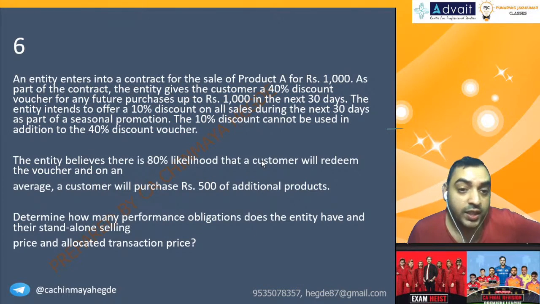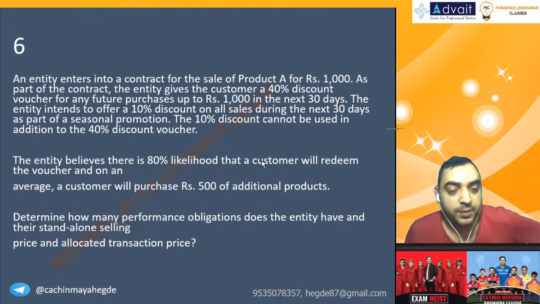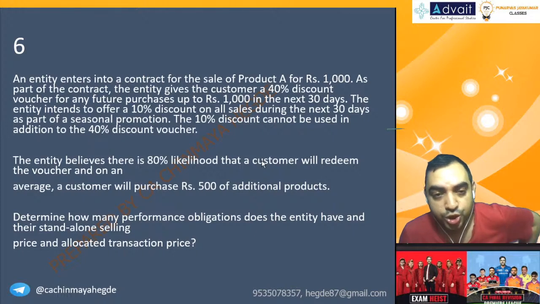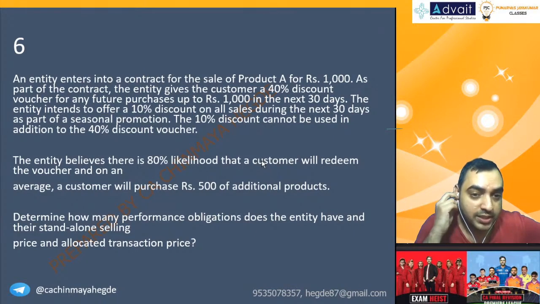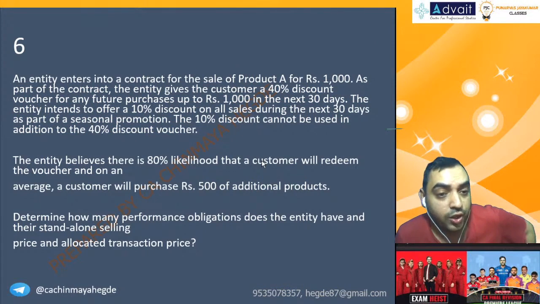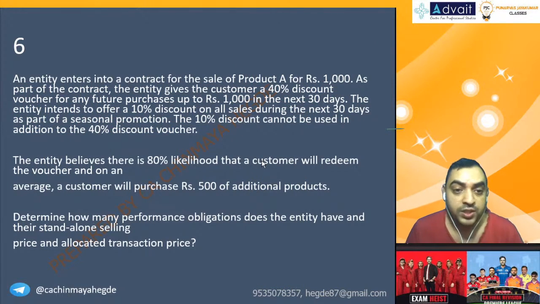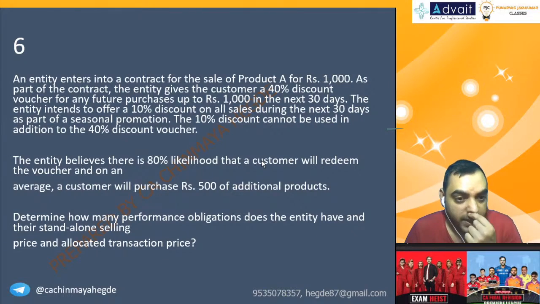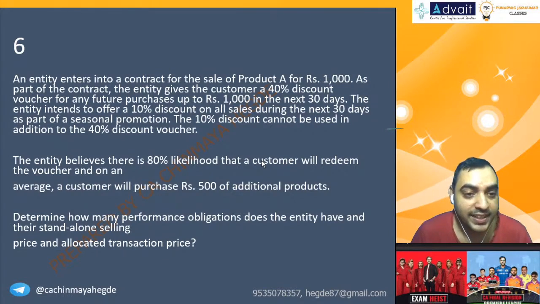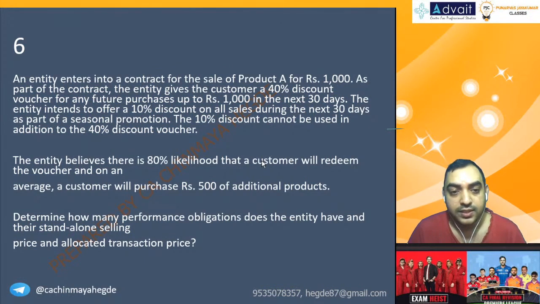The 10% discount cannot be used in addition to 40% discount voucher. The entity believes that 80% likelihood that customer will redeem the voucher, and on an average, a customer will purchase 500 on additional product. Determine how many performance obligation does the entity have, and their standalone selling price and allocated transaction price.